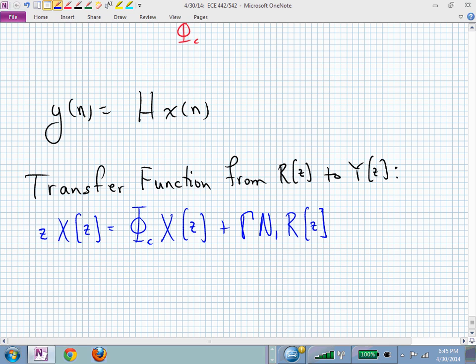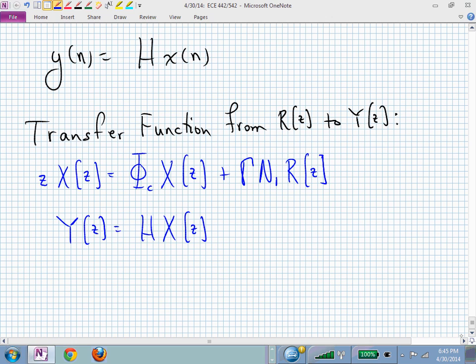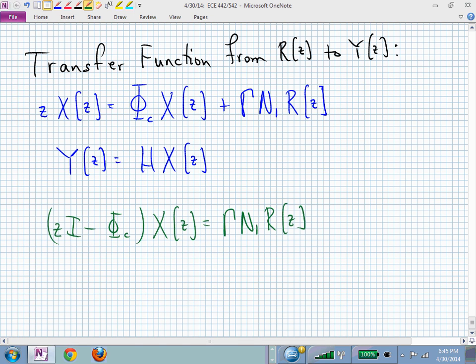That's not even dynamic, is it? That's just an algebraic relationship. I have Y of Z is equal to H X of Z. If I now work with the dynamic equation, I have Zi minus phi sub C times X of Z is equal to gamma N1 R of Z, or X of Z is equal to Zi minus phi sub C inverse gamma N1 R of Z. And now I have what I wanted.